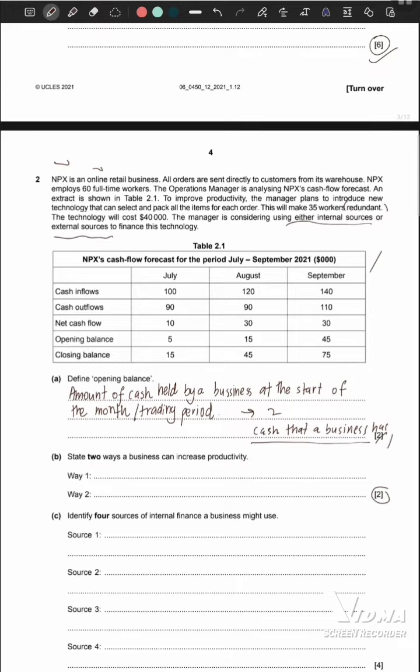So we could say we could improve labor skills, which obviously leads to an increase in productivity. Or maybe we can say increase motivation for the employees.